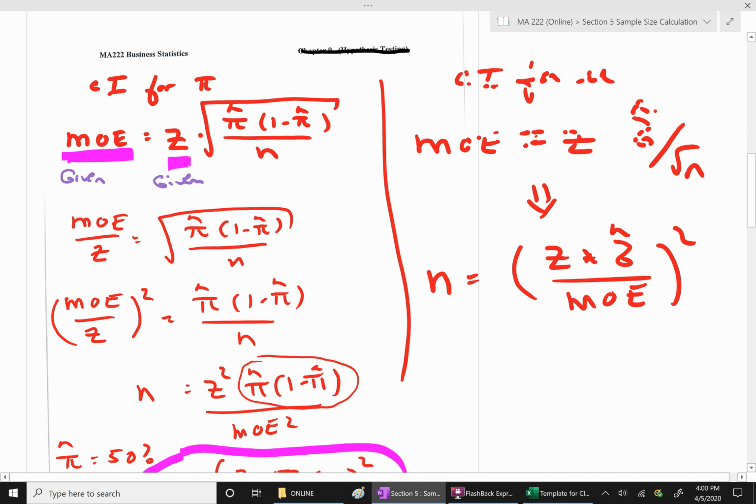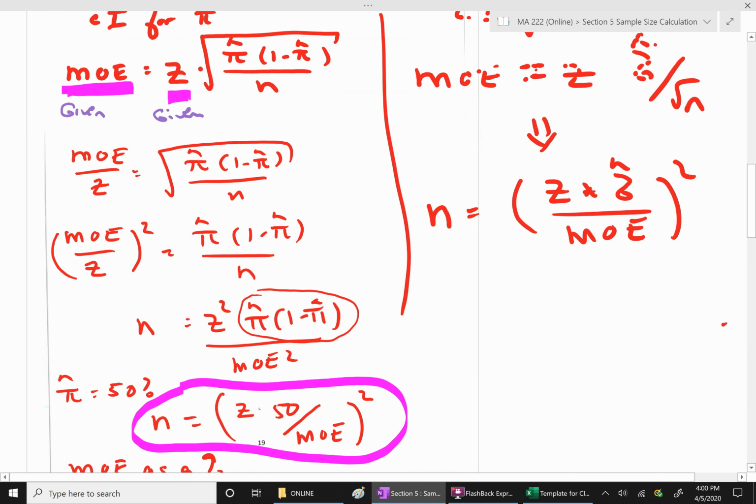Again, there's a problem. We don't generally know the estimated standard deviation. So one of the ways we can do this is we can give an estimate of what this should be, since we don't have the sample yet. We can use this rule that says the standard deviation is generally the range divided by 6.